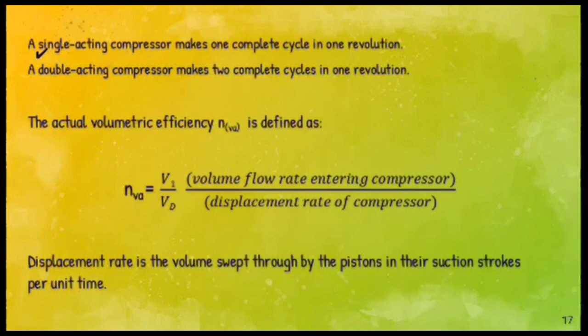NVE is defined as NVE is equal to V1 over VD, where V1 is the volume flow rate entering the compressor, or the mass flow rate times the specific volume, and VD is the displacement rate of the compressor. With this formula, we can get the VD, or the displacement rate. The displacement rate is the volume swept through by the pistons in their suction strokes per unit of time.